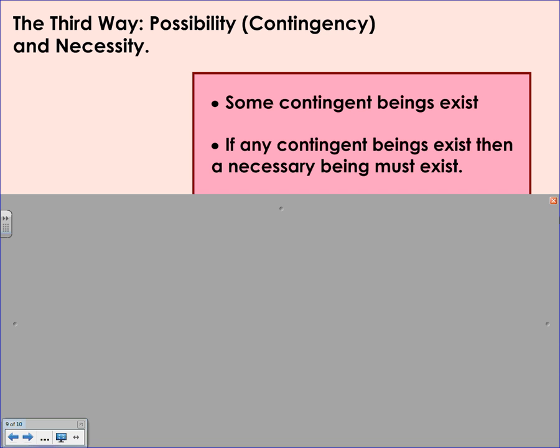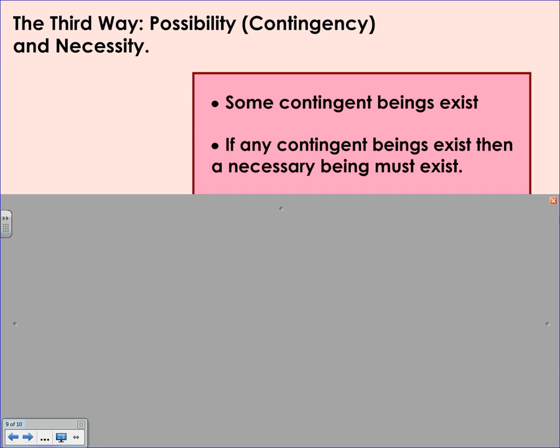What he means by this is that since we've got contingent beings, all of which have to have had a start, and all of which must have had a time when they didn't exist, if every single thing in the whole cosmos, the cosmos itself, was all contingent, there must have been a time when it didn't exist, when there was nothing, no contingent items.